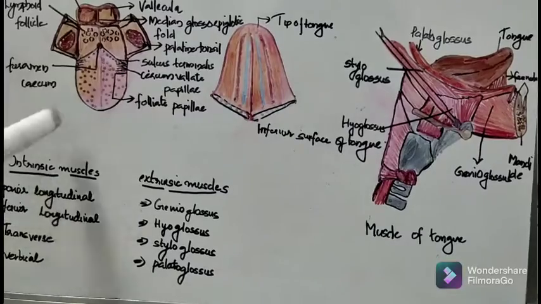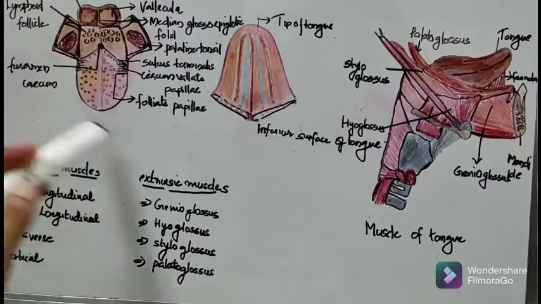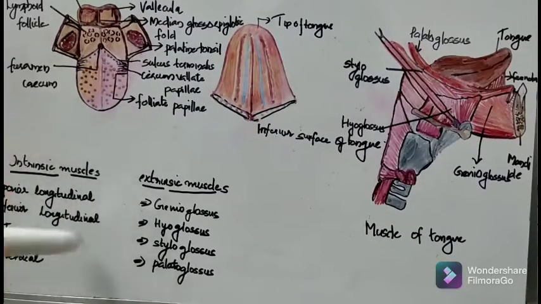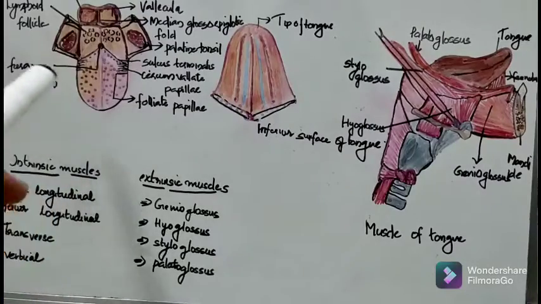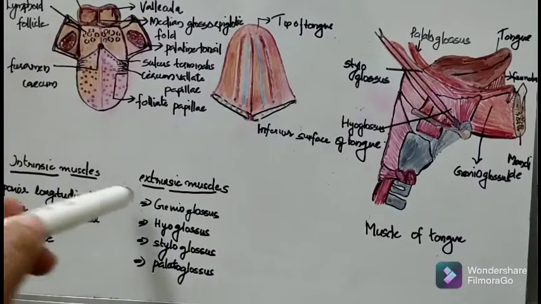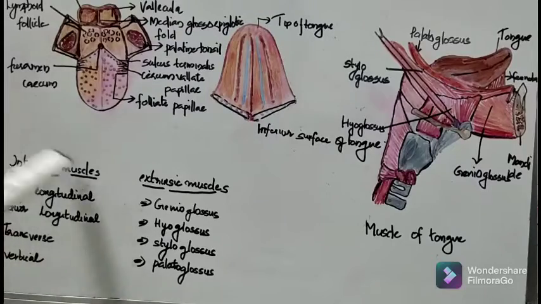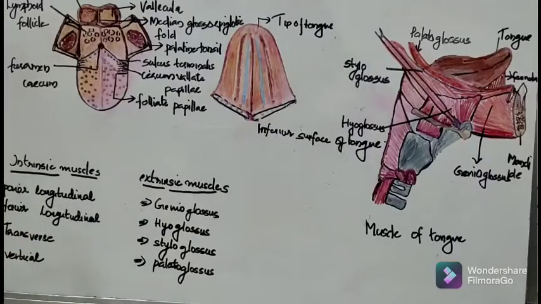Now we will discuss the function of each of these muscles. Intrinsic muscles are involved in altering the shape of the tongue. The superior longitudinal helps in shortening the tongue as well as making the dorsum of the tongue concave.